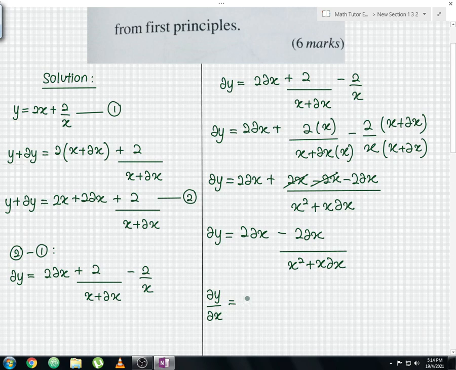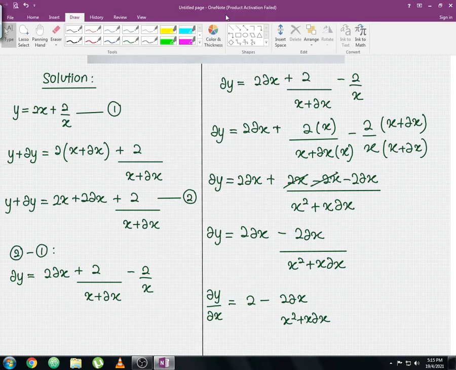As for the right hand side, it will be 2 minus, originally it will become 2 delta x divide with x square plus x delta x divide with delta x, but since this is a fraction, I decided to write it in this way, where 2 delta x over x square plus x delta x.